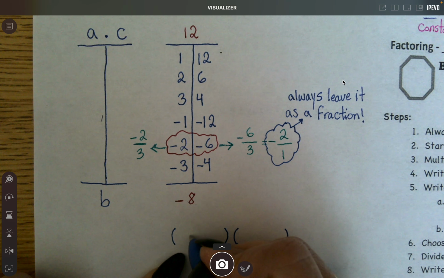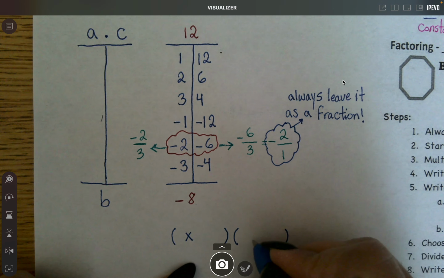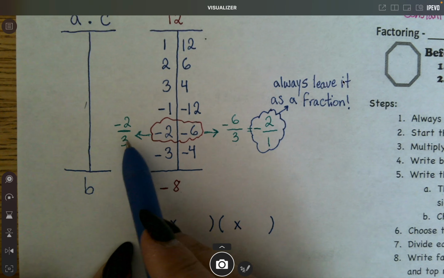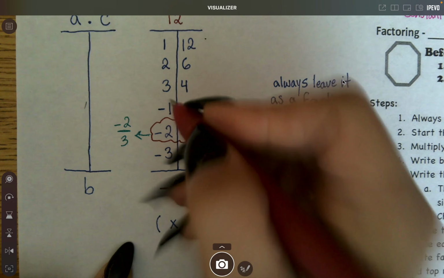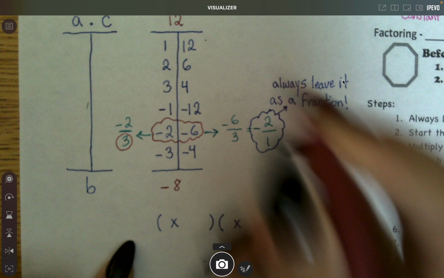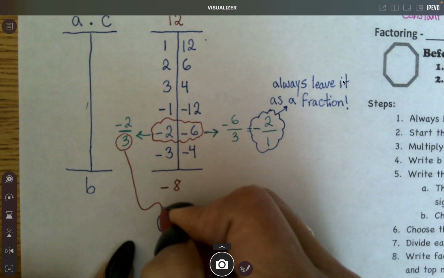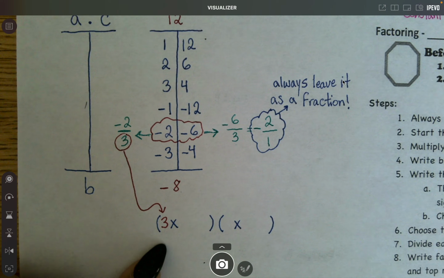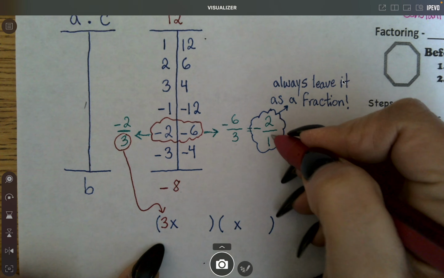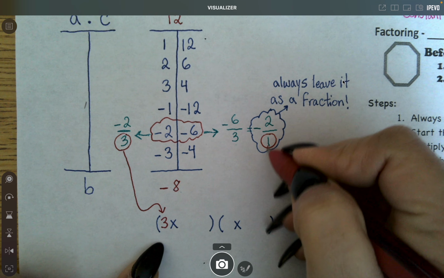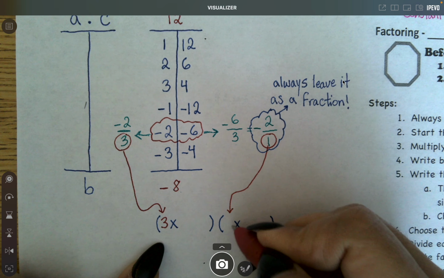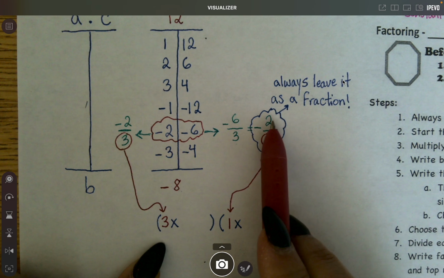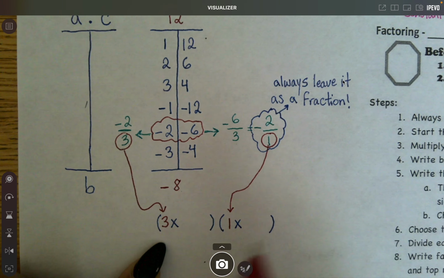So what does that even mean? So we have x and x on both. The bottom number, which is 3, will go here before x. So I'm going to put 3 here. And the bottom number here goes here, which is before. It's 1. Now, the top number would go after the x.